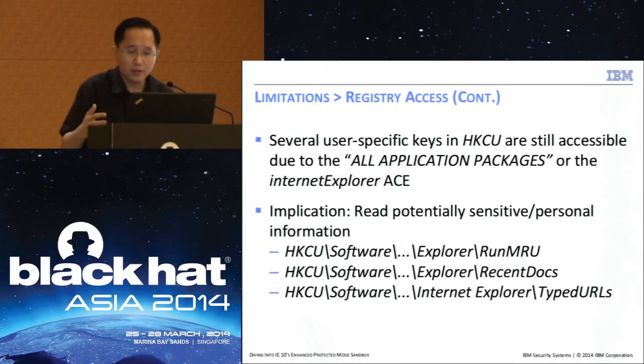Examples of registry keys which contain potentially sensitive or personal information are the recently run commands, names of recently opened files, and typed URLs in IE.